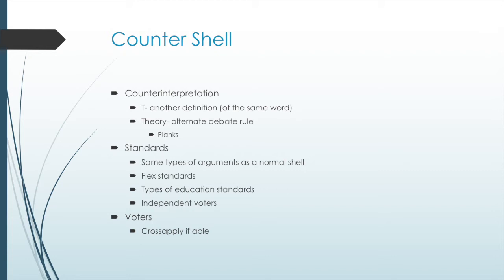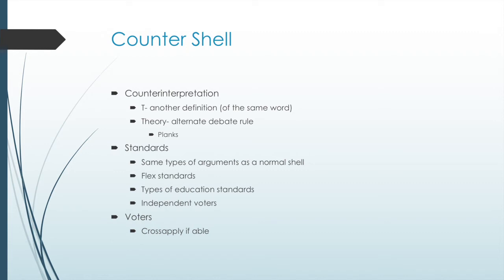And the last note I have for the standards is that we can keep in mind independent voters. I list these in another slide. The independent voters that we hear most often are accessibility, resolvability, and then debatability, and that's kind of in decreasing order. So an independent voter is basically where you can say in the standards that your opponent's shell is uniquely bad or your counter-interp is uniquely good, in one of those three realms, and those three realms are so important that the judge can vote off of those alone without looking at the other standards, without looking at fairness and education.